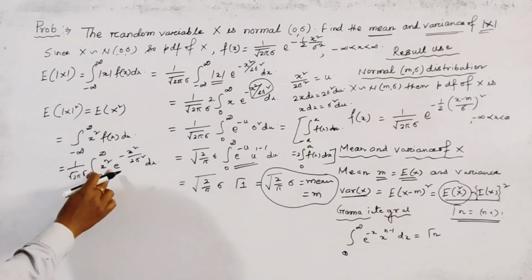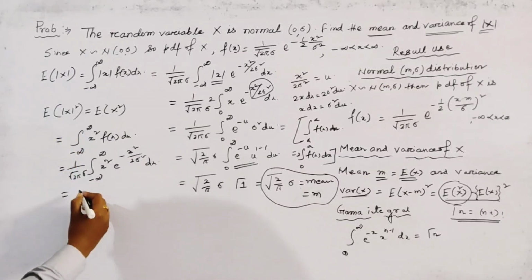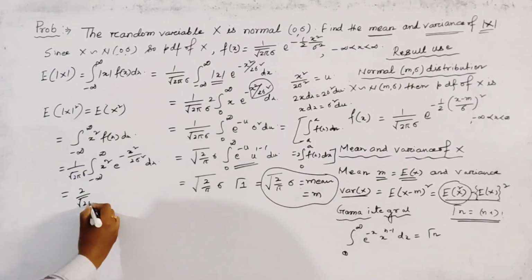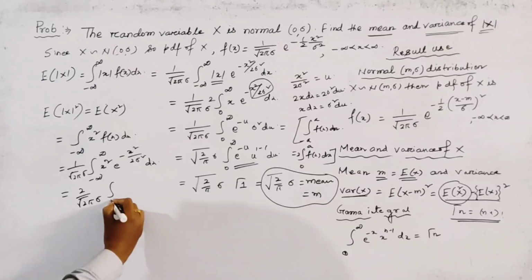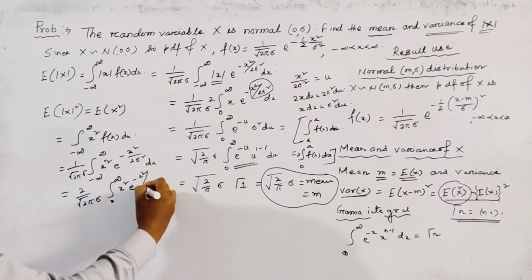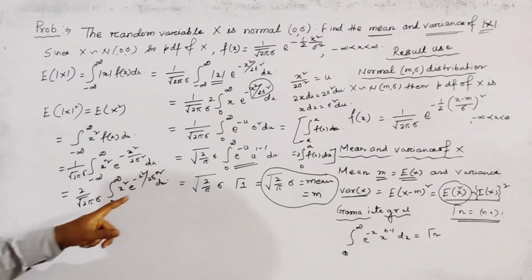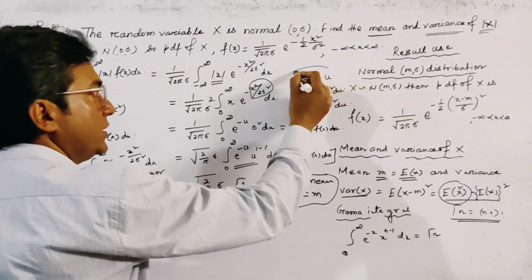Here also this function is even, so we apply the same rule of even function. This is 2 by root 2 pi sigma, integration from 0 to infinity of x square e to the power minus x square by 2 sigma square dx, and we put the same substitution.